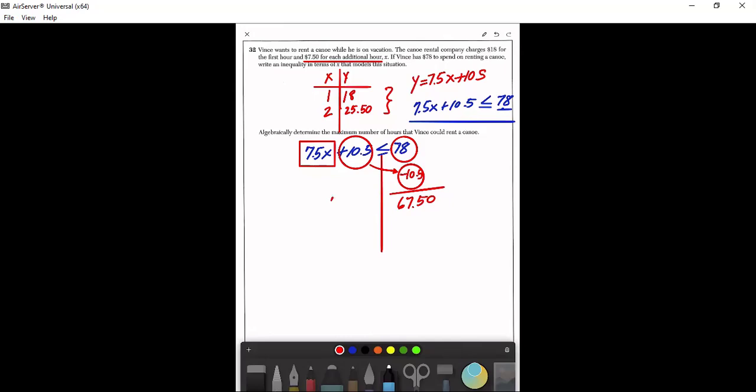And then over here, I have $7.50 an hour. Divide both sides by 7.5, not the x. And what do I have? So let's grab the calculator and finish it up.